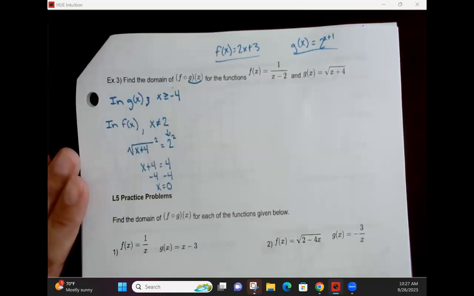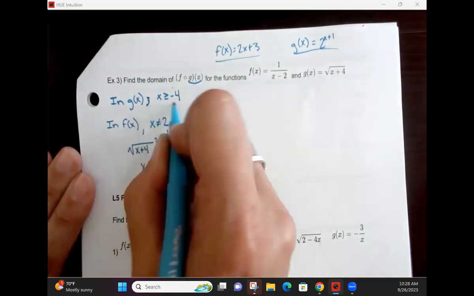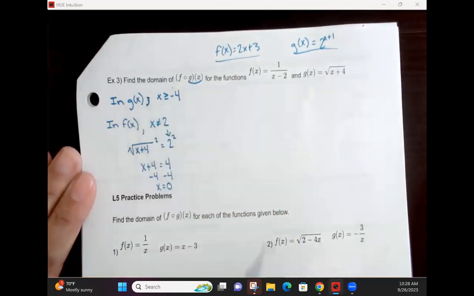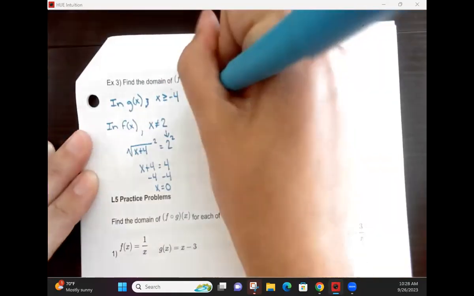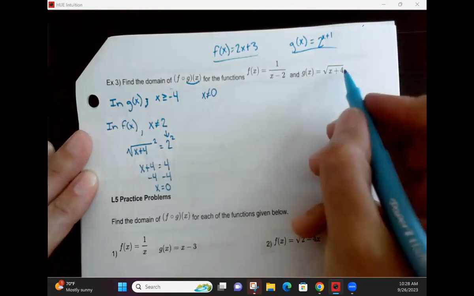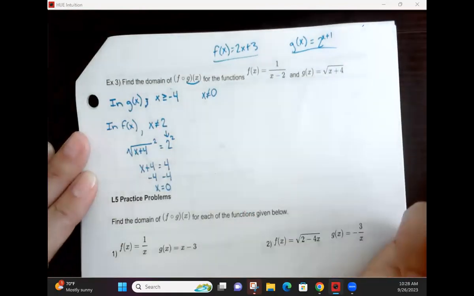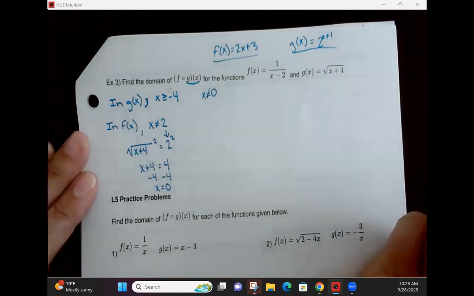So in my list of things that cause a problem, I've got anything that's less than negative 4. x has to be greater than or equal to negative 4. And I also will have x cannot be 0, because that would make this be 2, which would make this undefined.